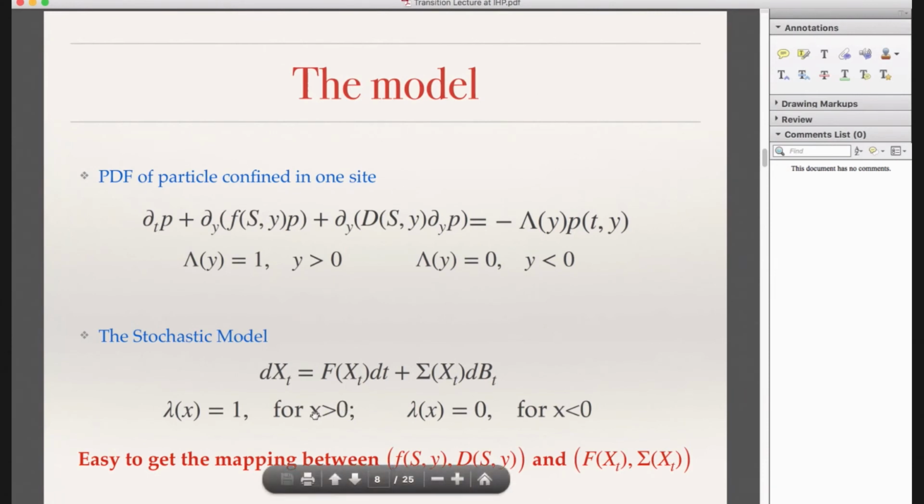But if it's negative, it will stay inside this area. Its position can wander around like this, controlled by this stochastic process. Actually, for the stochastic model and the PDE model, we can get the equivalence between them and the relationship between their coefficients.